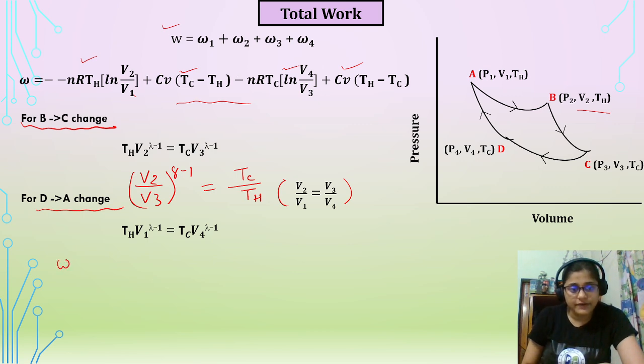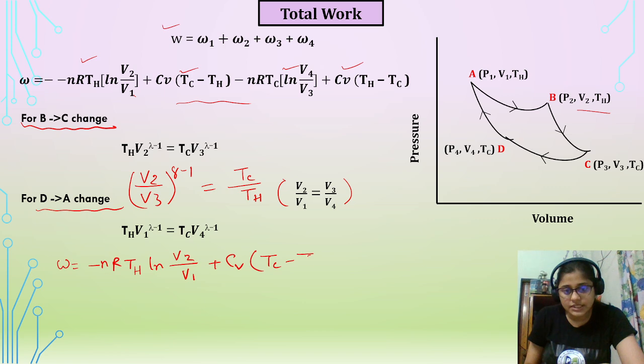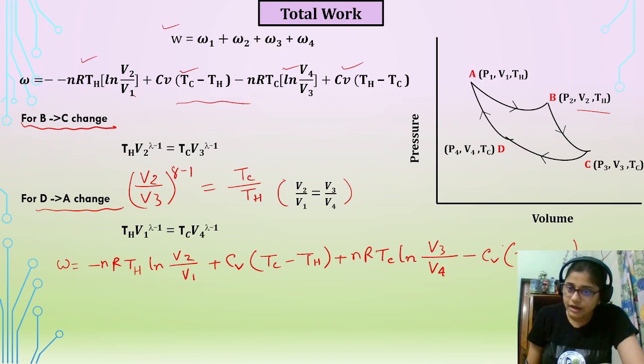So for work we can write minus nRTH ln V2 by V1 plus CV TC minus TH, plus, it will be plus now, nR TC ln V3 by V4, and we can take negative as common, CV TC minus TH.